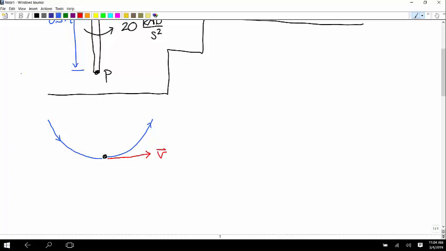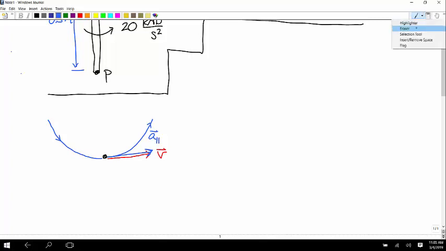It's speeding up, so the parallel part of the acceleration is this way. And the perpendicular part of the acceleration is all on this side of the velocity vector, so it's that way. In circular motion, it's always straight toward the center.